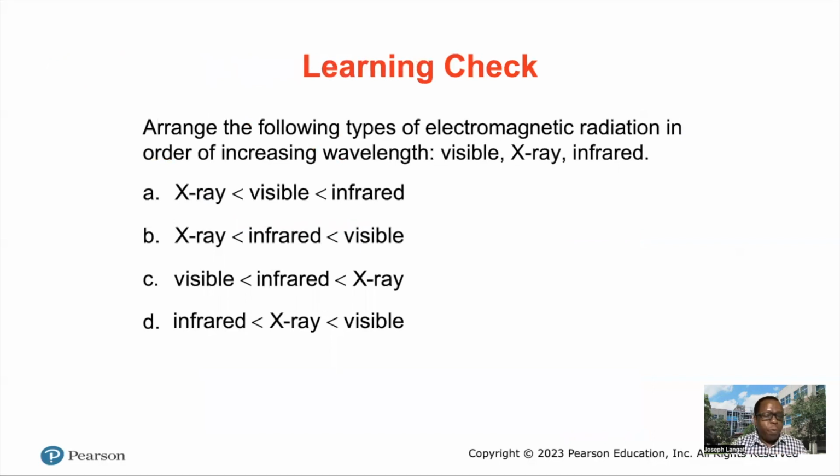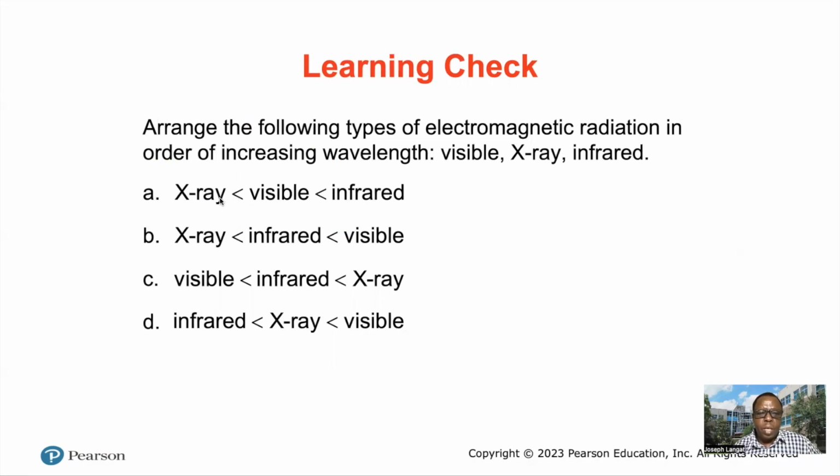Now, arrange the following conceptual question from the electromagnetic spectrum. You are asked to arrange the given types of electromagnetic radiation in order of increasing wavelength.